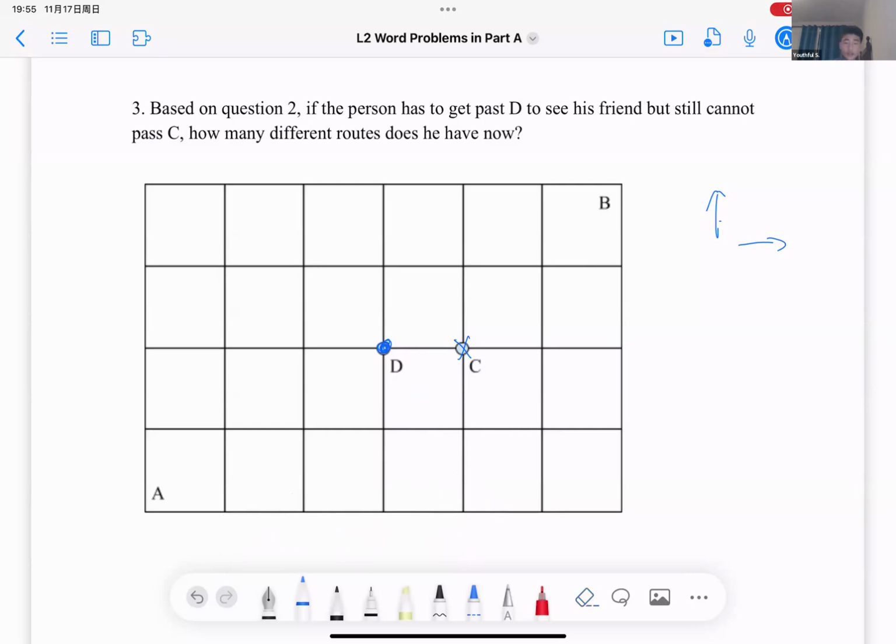So in this case, all of these points, this point, this one, this one, this one, this one, this, and this, you cannot get past them. So all of them, you're going to put a 0.